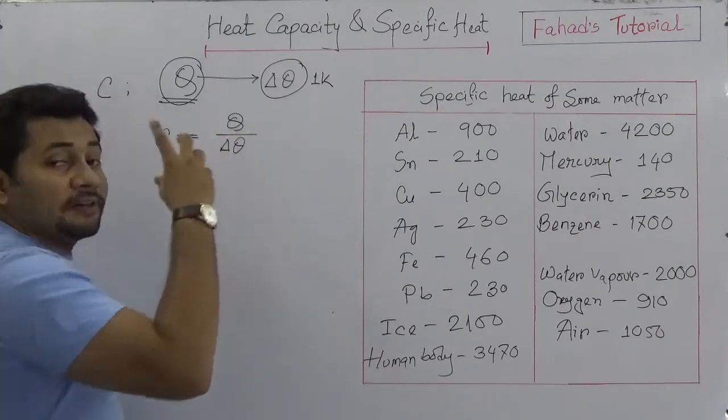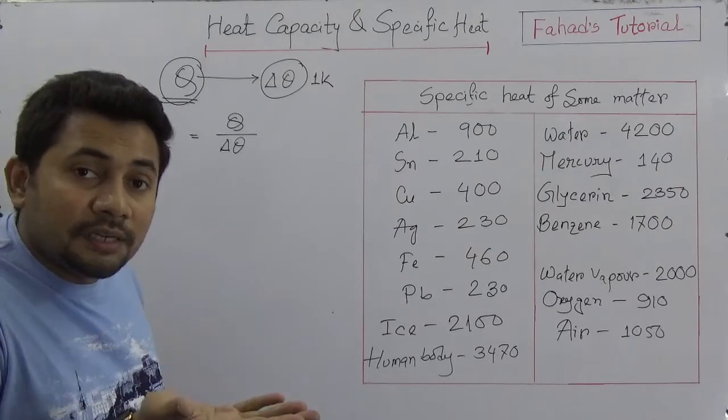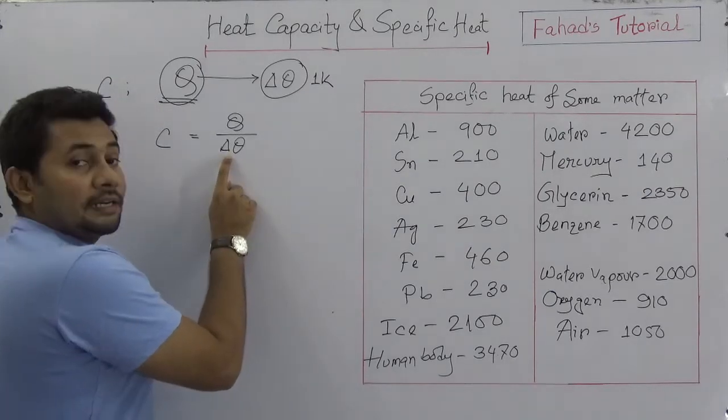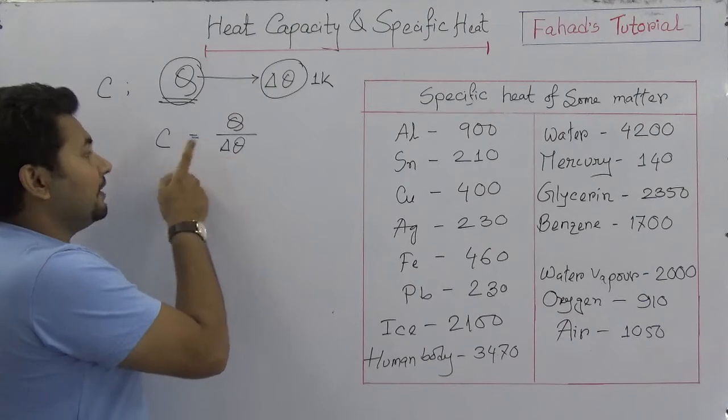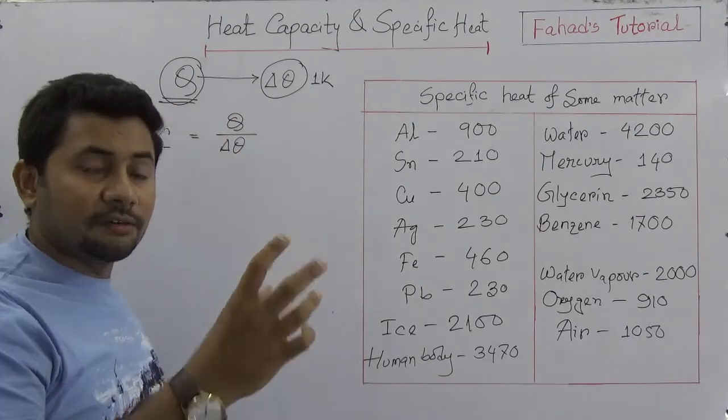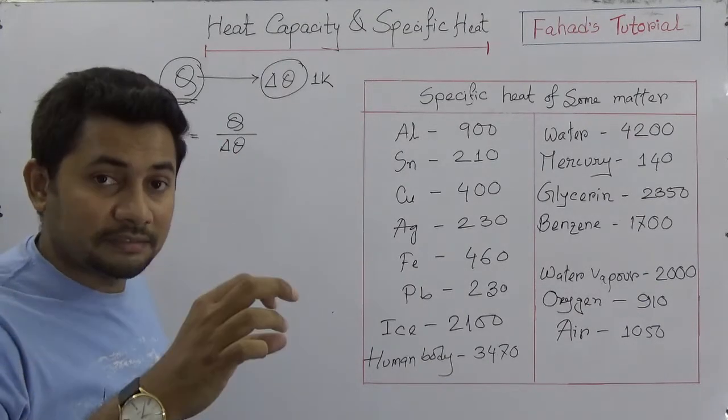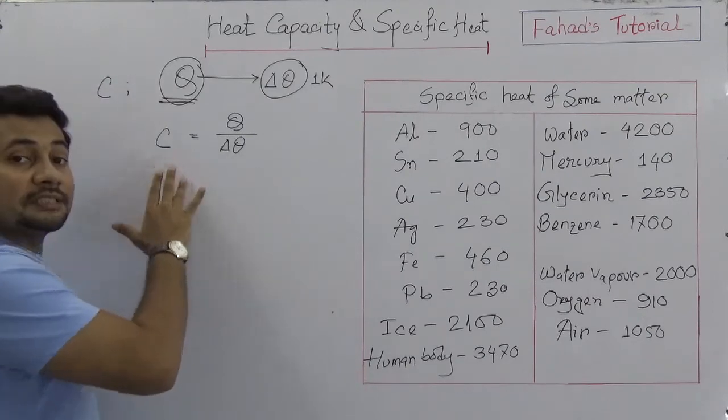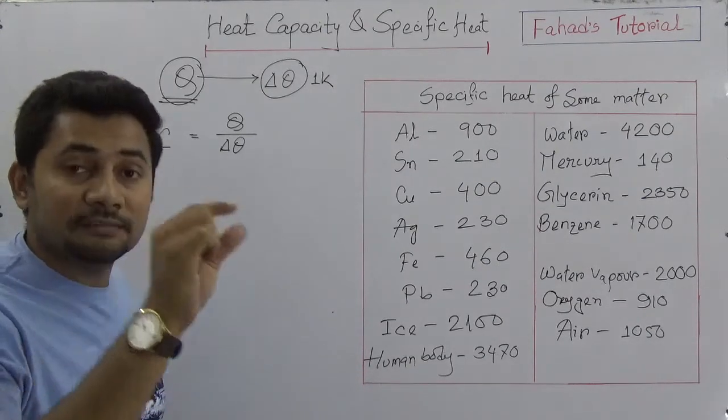So the amount of heat required to increase the temperature of any body, substance or matter by 1 Kelvin is the heat capacity of that substance.